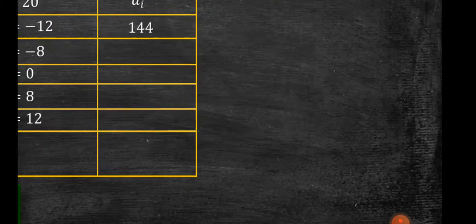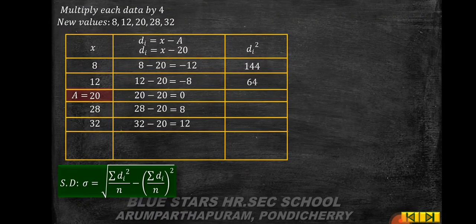Di square: 144, minus 8 square is 64, 0, 64, 144. Summation di is 0. Summation di square is equal to 416.